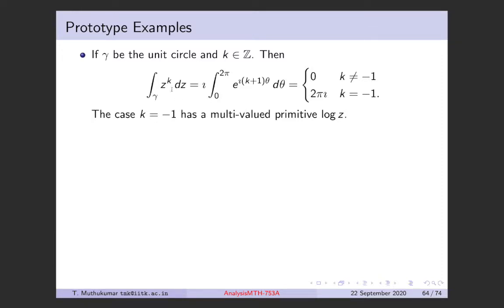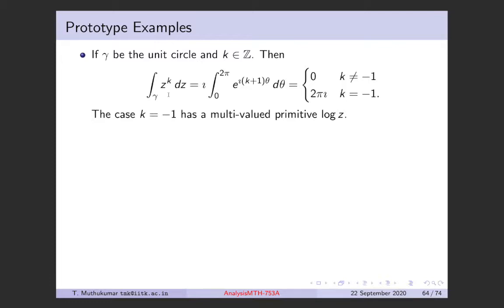There is a primitive for 1 over z, which is log z, but in a neighborhood of the origin, that is not even a well-defined function. It's a multi-valued function. To make log z a meaningful function, you have to take a branch, starting from the branch cut at 0. So if you want to make it meaningful, you have to remove a line.